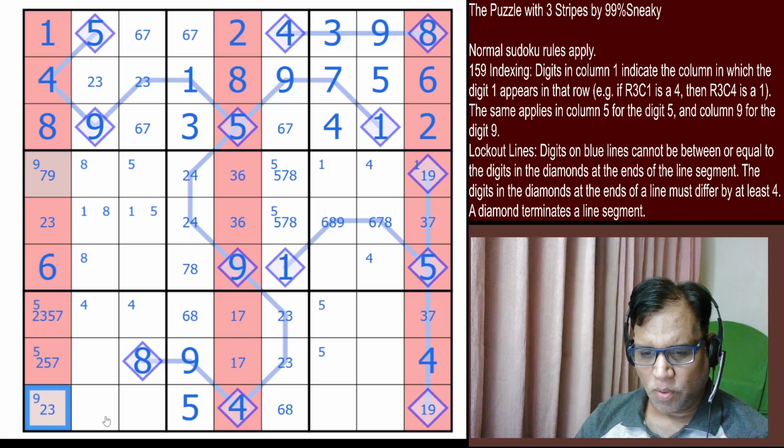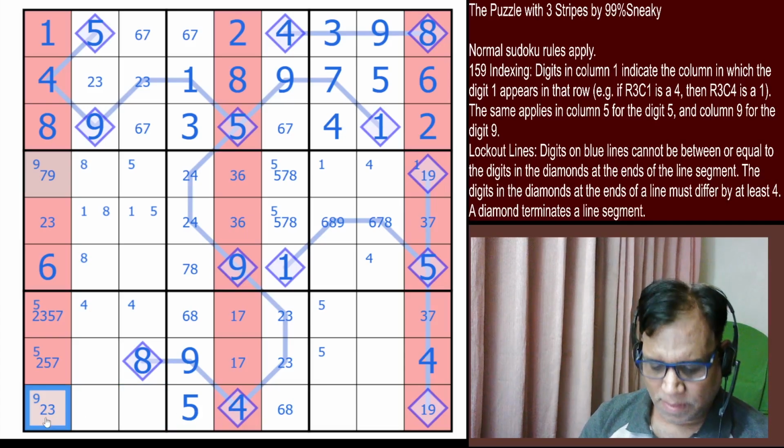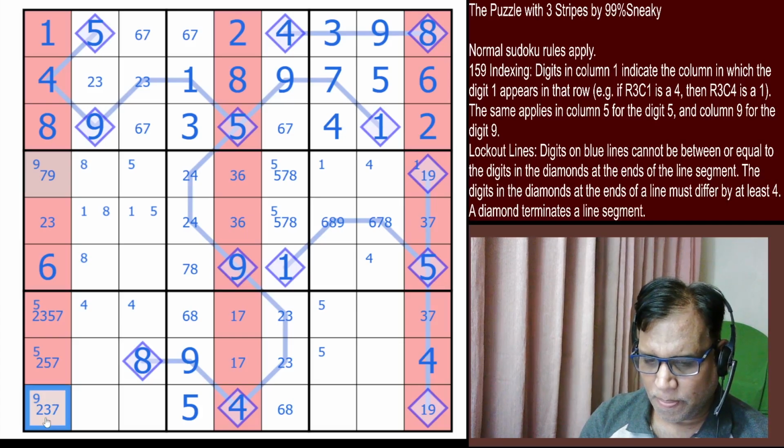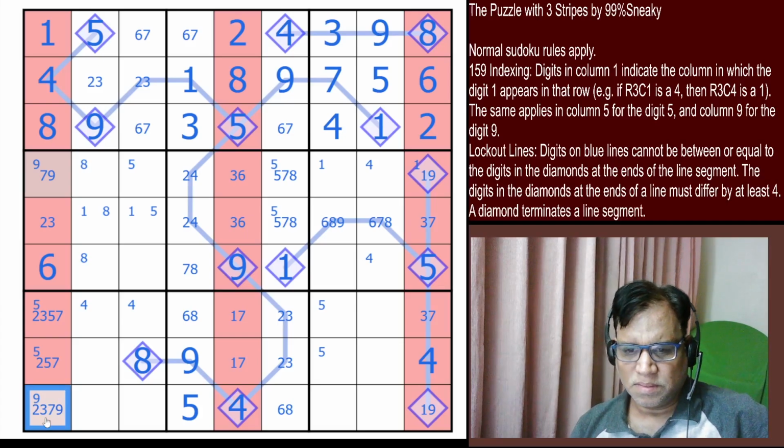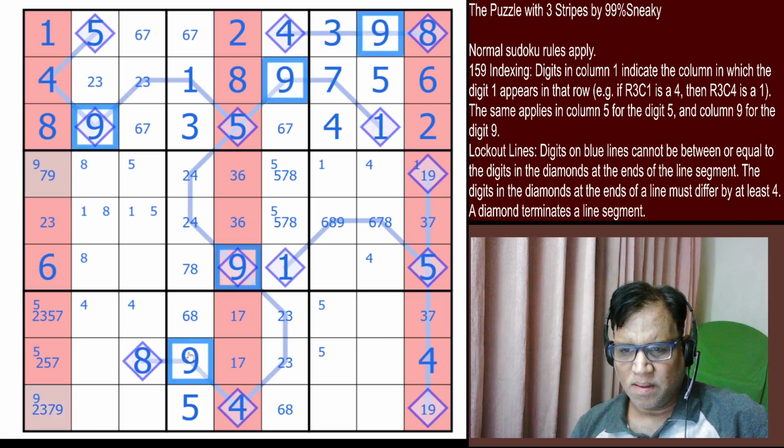In low, it could be 2, 3, which is here. In middle, oh, middle is not there. Or then it's directly 7, 9, right? 7, 9. Come on, man. 9.